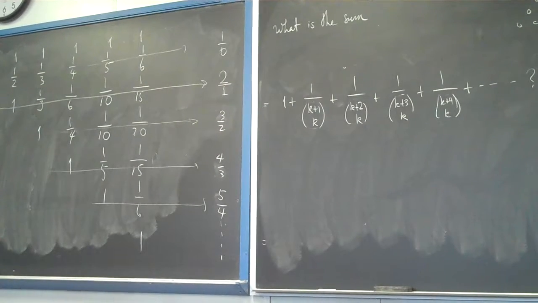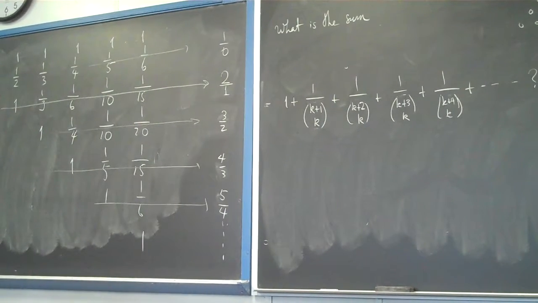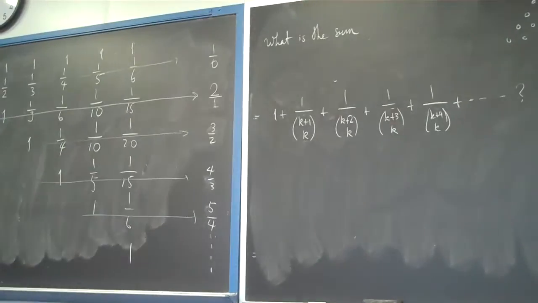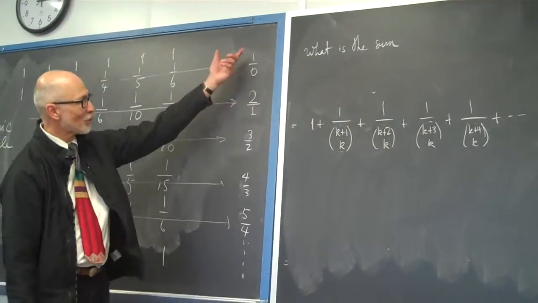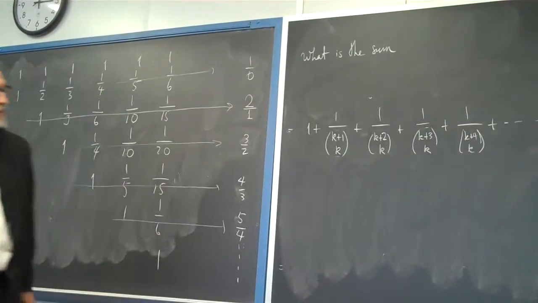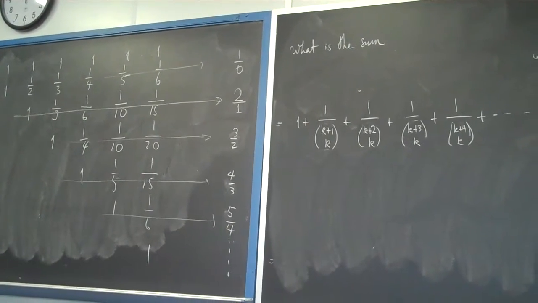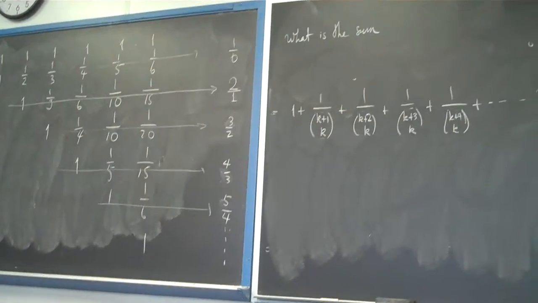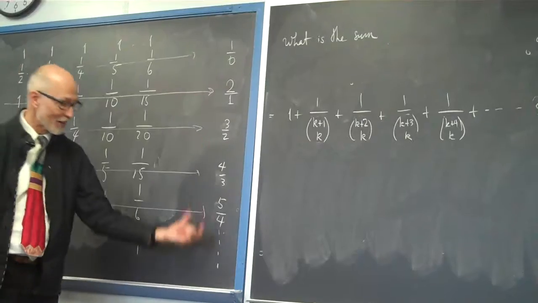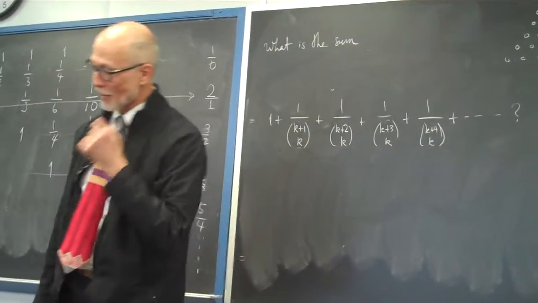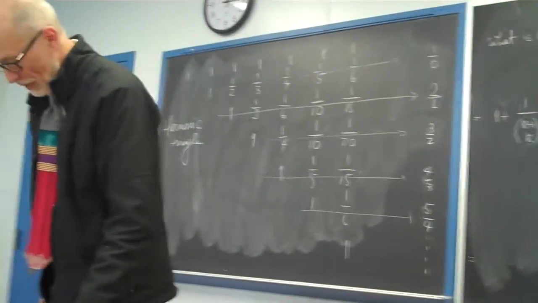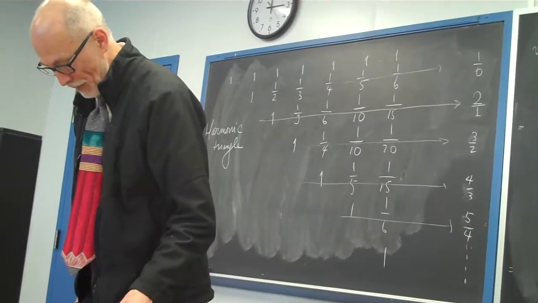Since the harmonic series diverges, right? And so here's a beautiful pattern. I'll leave that as a puzzle to you, a puzzle whose answer was given by Leibniz in the 1670s.